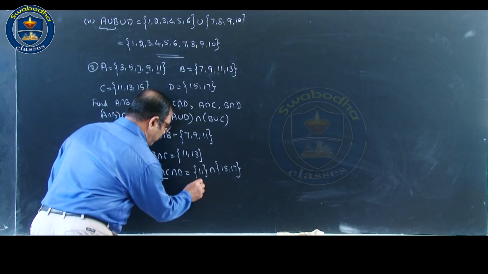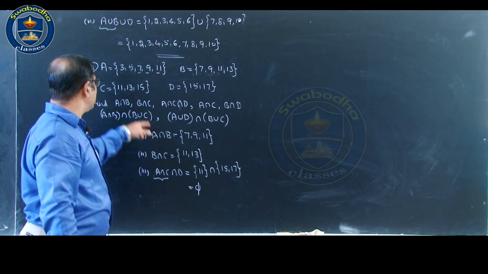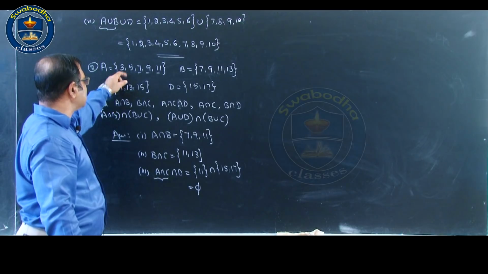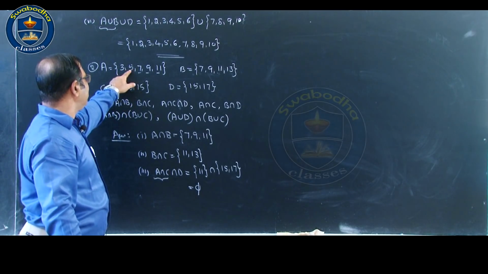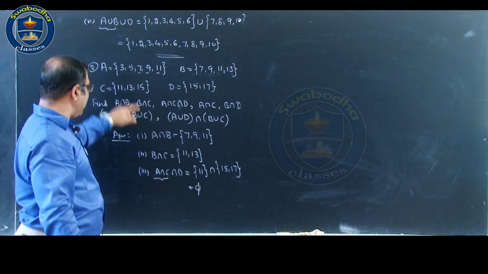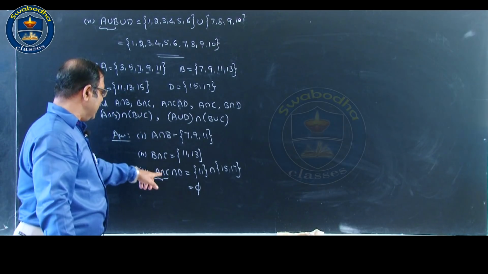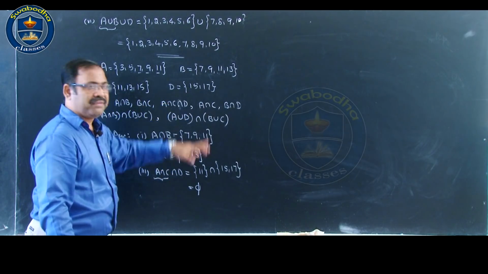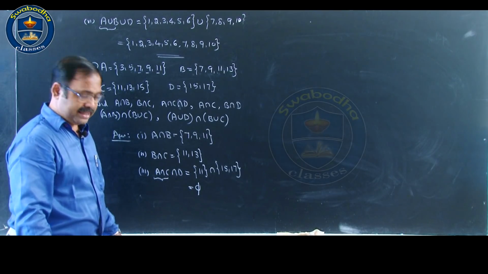No. Therefore, this is the null set. Why? A intersection C is only 11. Its intersection with D, 15, 17, has no common element. Therefore, it is the null set.